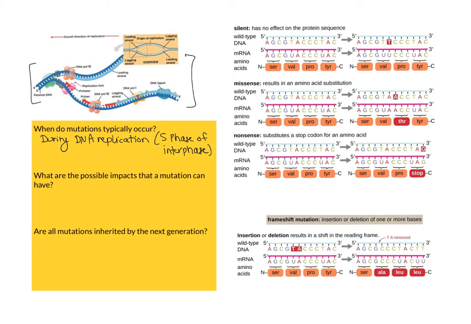And so if a change occurs to the DNA, there are a variety of impacts, including no impact, to the protein that's encoded by the information in the DNA. So let's take a look at this first major category.